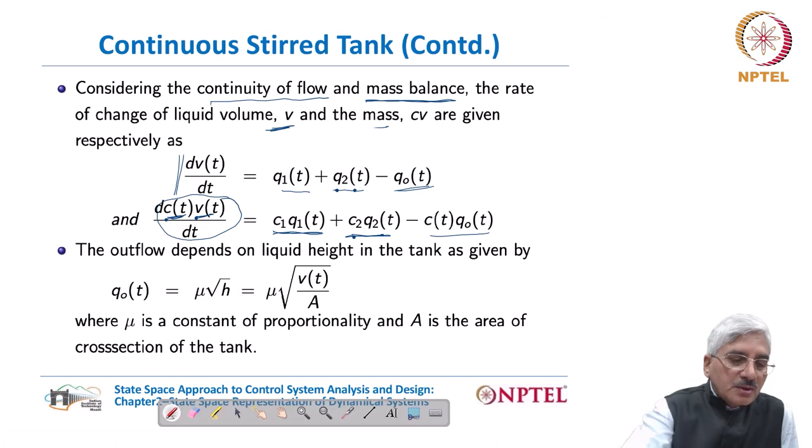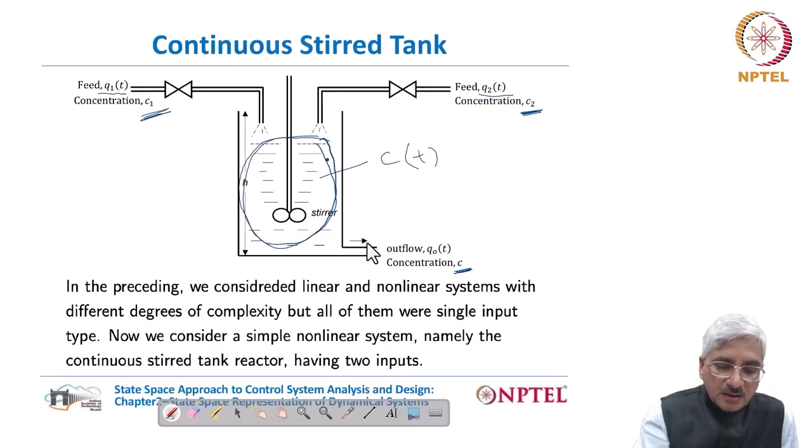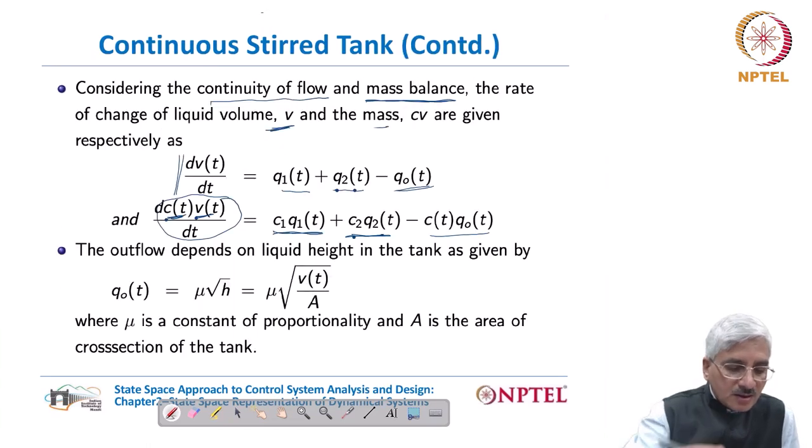Now we also note, this we did in another lecture also, that this outflow will depend upon the geometry and cross section of this flow nozzle here, the passage through which the flow takes place, and on the liquid height h in the tank. So it will be proportional to root h if other things are constant.